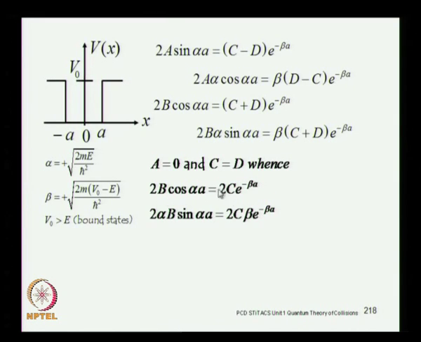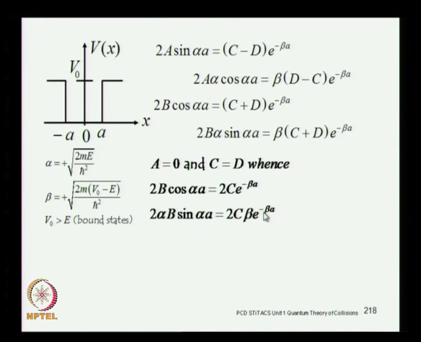You get one class of solutions if A is equal to 0 and C is equal to D. If A is equal to 0, then the right hand side should also be 0, that makes C equal to D, and if C is equal to D, then C plus D becomes twice C, and 2B cos alpha a becomes twice C e to the minus beta a. Likewise, 2 alpha B sin alpha a becomes twice C beta times e to the minus beta a.